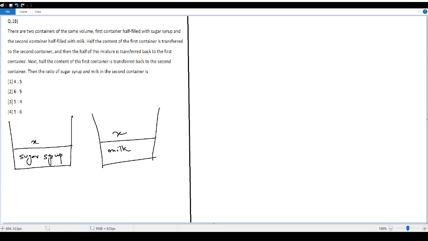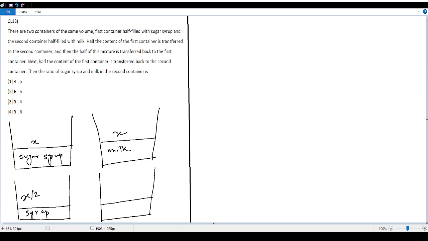Half filled, this is absolutely nonsense. You have to take X, X. Half the content of the first container is transferred to the second container. So that means how much is left? X by 2 syrup is left.